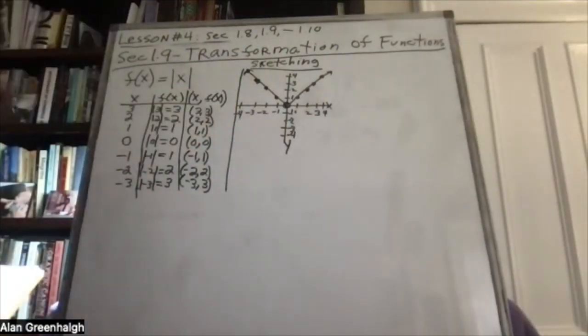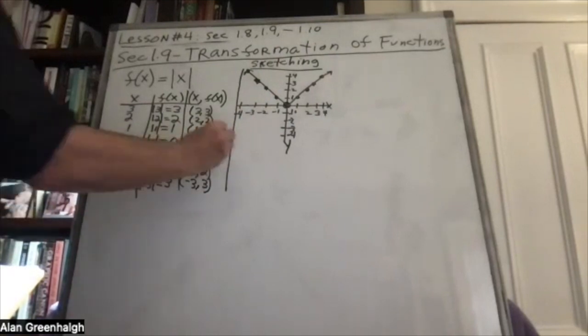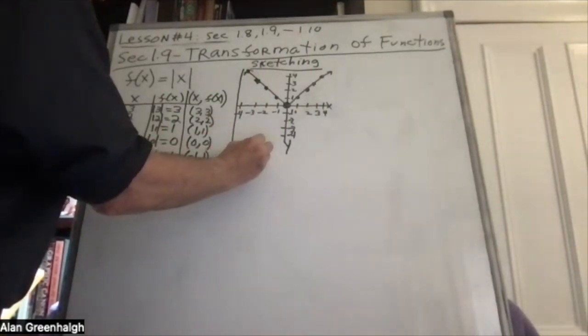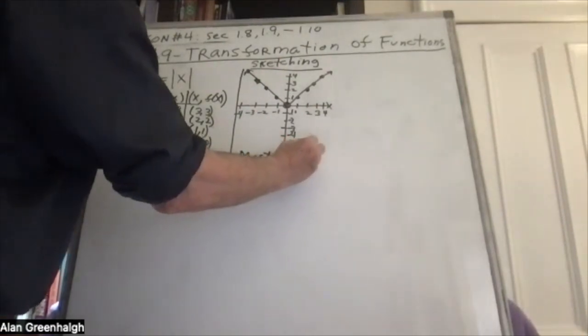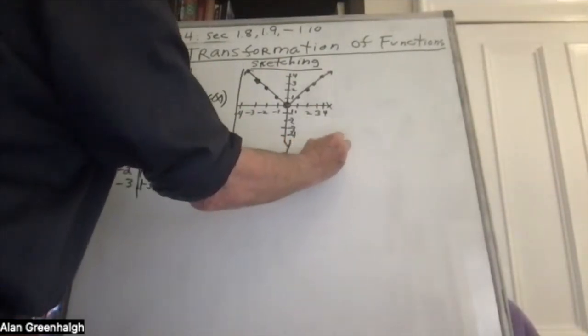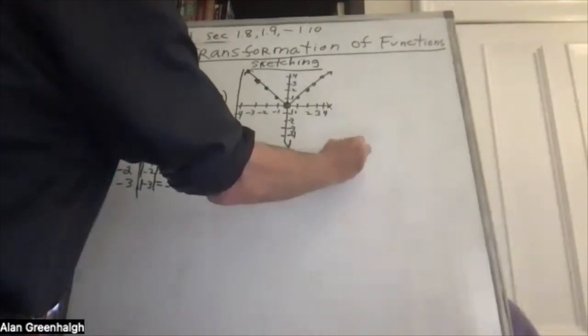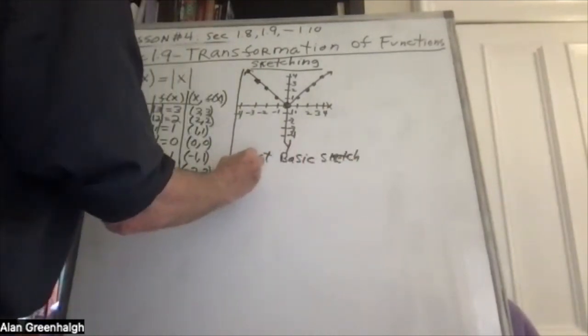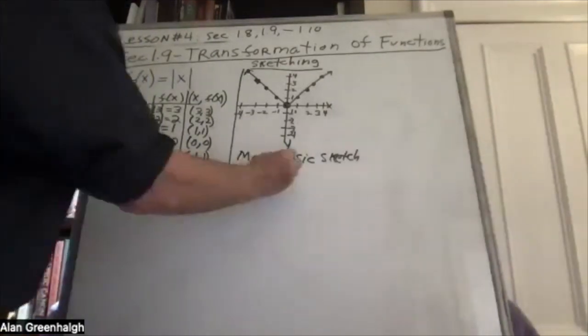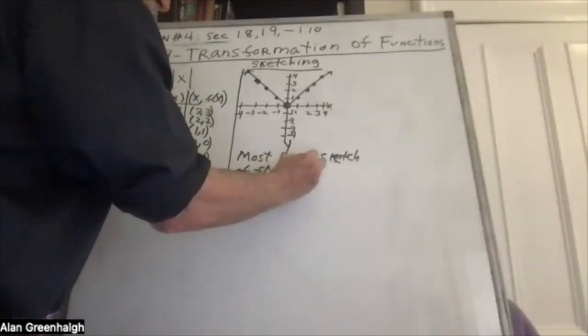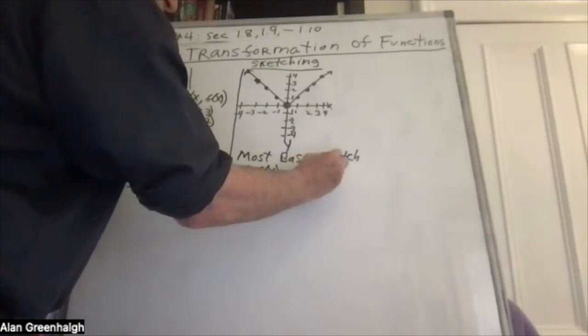This is the most basic sketch of the given function, and when we have that, we call it the parent function.